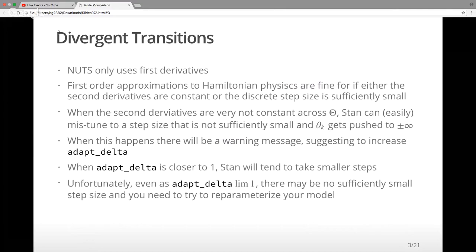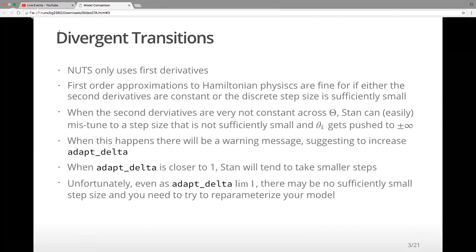So adapt delta, when it's closer to 1, will encourage STAN to take smaller steps. When it's farther away from 1, that will encourage STAN to take larger steps. By default, it's 0.8 in STAN, but the models estimated by the rstanarm package will have a higher default in order to make it less likely that you run into these divergent transition problems.